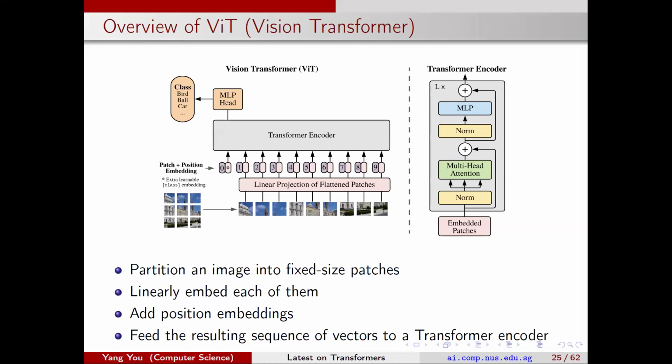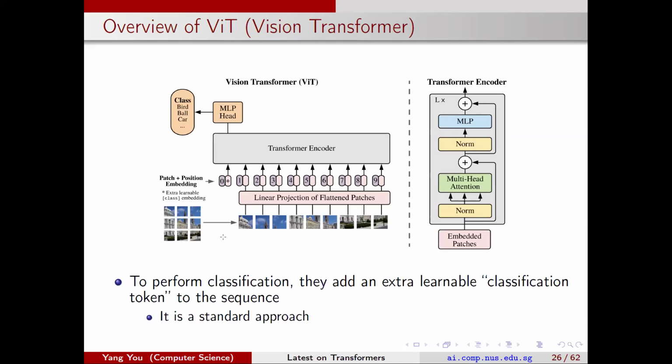After we get our input data, a sequence of tokens, we can just use BERT or another transformer to process it. That's the rough idea of the Vision Transformer. The key part is here: partition the image into different tokens and add position information.